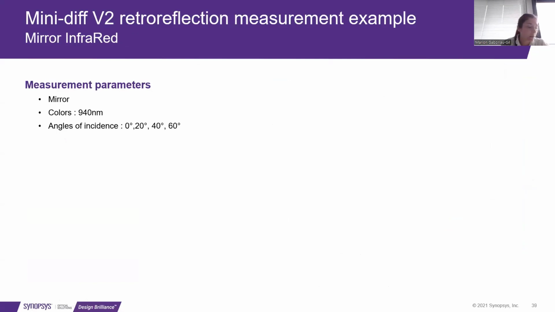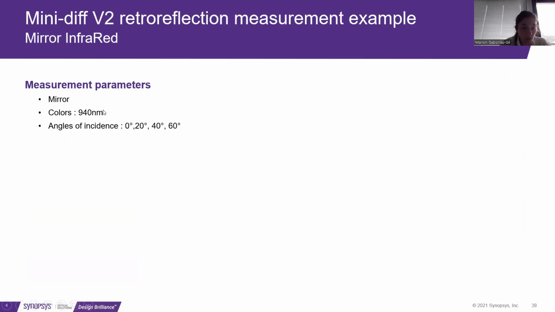Now an example a little bit different, because we measure a sample without retroreflection. Since the beginning, I talk about materials detectable by LIDAR, but you can be interested in materials undetectable by LIDAR, for military application, for example. So we measure a mirror, which by definition reflects the light it receives in a specular way without retroreflection.